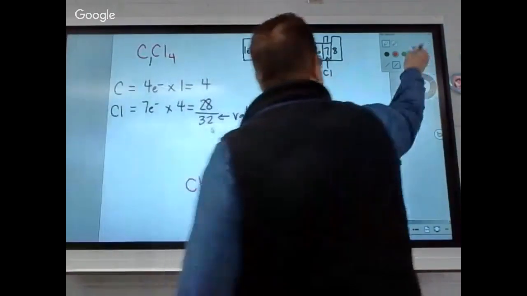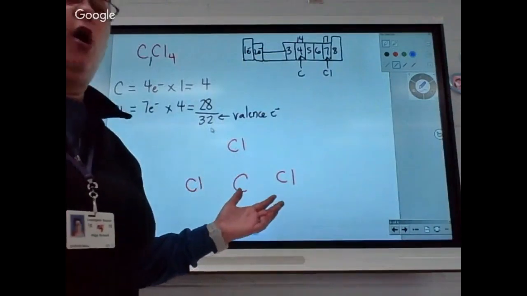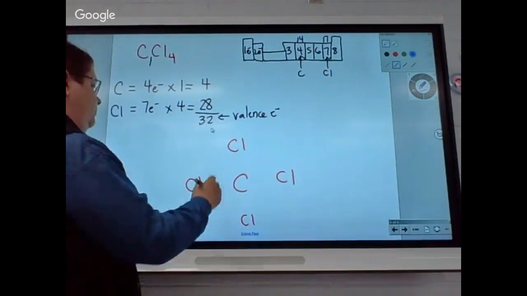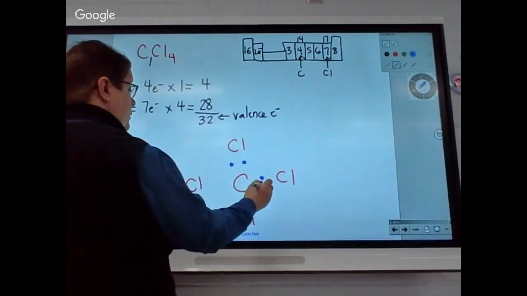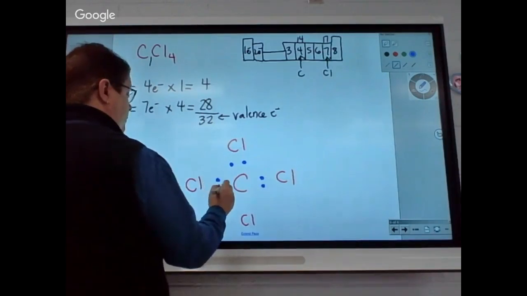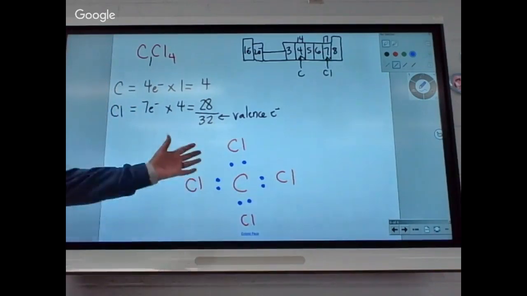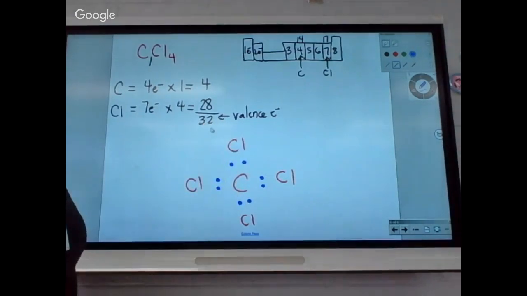Now, I start on the central atom. Technically, it doesn't matter where you start. Use pencil, people, because I'm going to be erasing in a minute. You might even want to wait. So I drew 8 of my 32 on my central atom: 2, 4, 6, 8 are on my carbon.